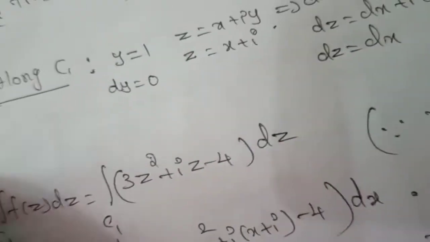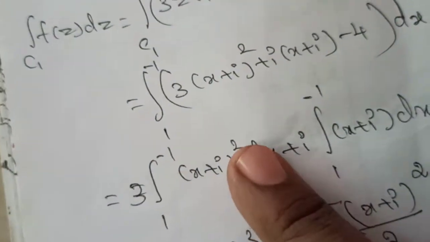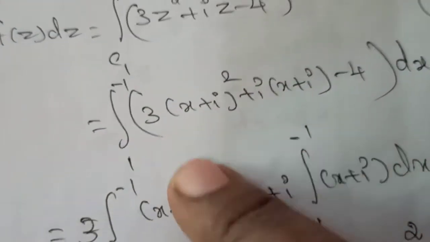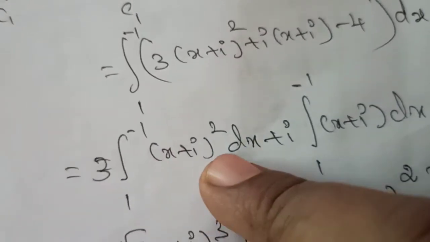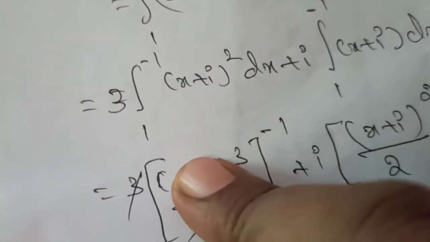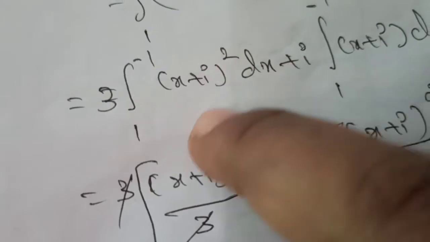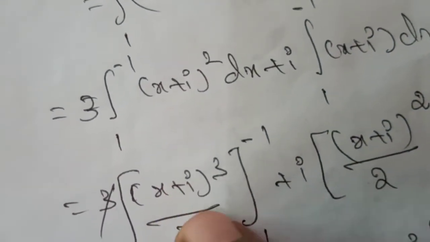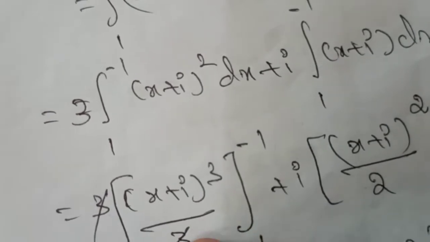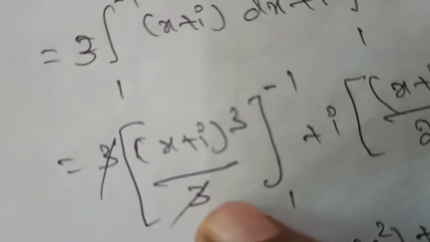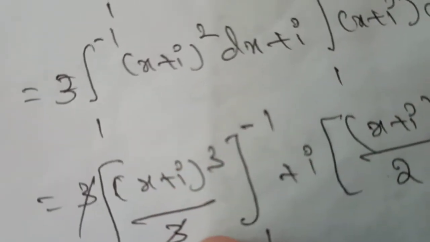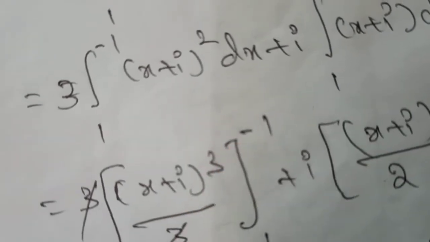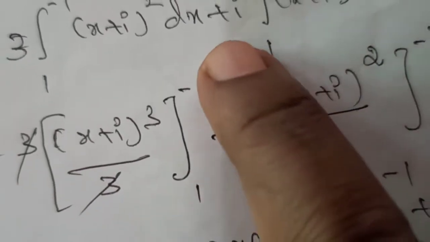But in this condition we have integration of 3 into (x plus i) the whole square. The integration of this value is (x plus i) the whole cube divided by 3, into now the differentiation of the inside value, which becomes 1. Substitute in the denominator only, so 3 into 1 becomes 3, directly right here. Okay, (x plus i) the whole cube divided by 3, with limits 1 to minus 1.